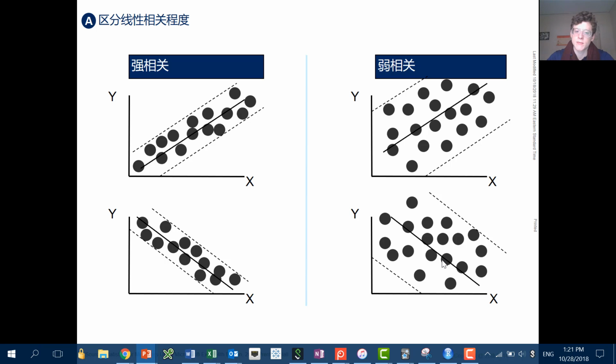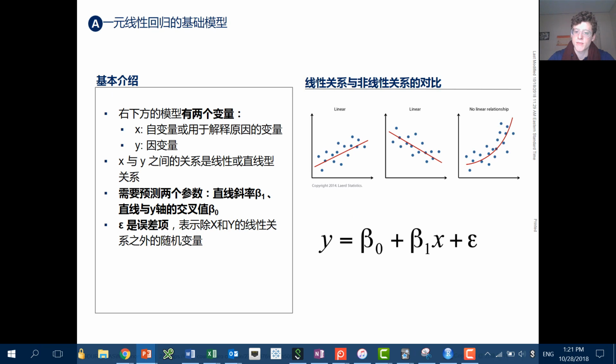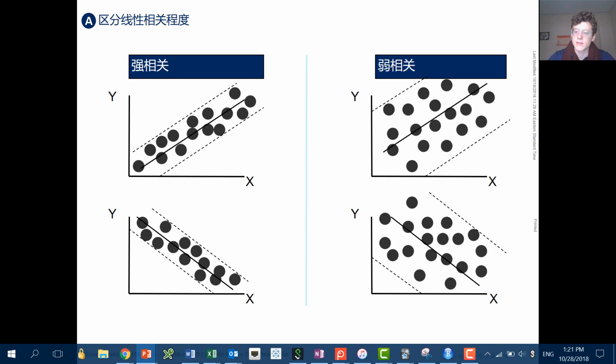Again, here we have a strong relationship, very tightly correlated, and a weak relationship. But regardless of whether it's strong or weak, you assume within a linear regression that the variation or the error is normally distributed.